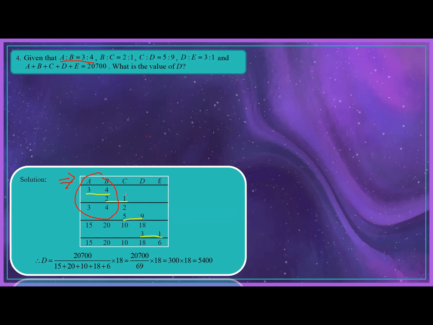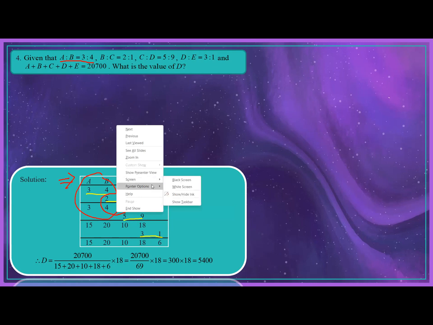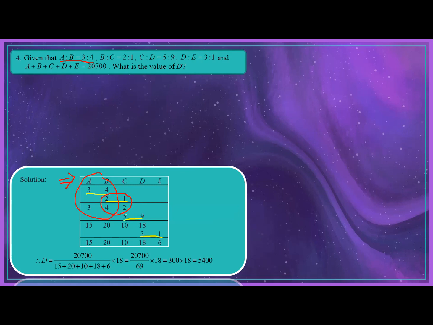So from here, you follow 4 and you multiply C by 2 so that the ratio would remain 2 is to 1. Okay, and also after that, you have 5 is to 9 for C is to D, right? For C is to D, you have 5 is to 9.